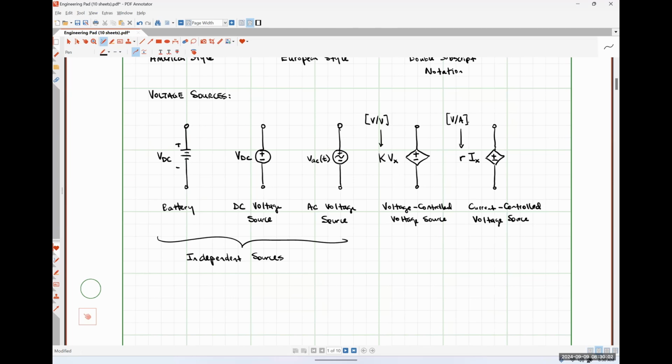So that if a current Ix of 3 amps is flowing, and our scaling factor r is 2 volts per amp, then 2 volts per amp times 3 amps gives us a 6 volt output for this device. Okay. So these are dependent sources.